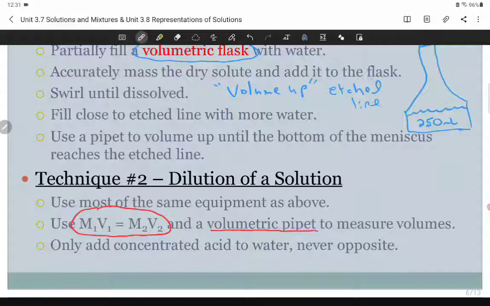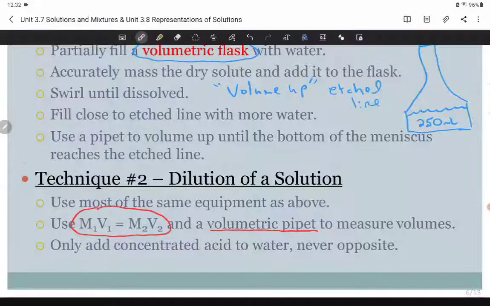Some people will use a graduated cylinder, but a volumetric pipette is thinner with more increments, so it's going to be more precise. Above, with the dry material, technique 1, you'd have to use a balance. And you'd use the best balance you have available to you, meaning the most decimal places. So you'd measure out your amount of liquid, and you dump it into the volumetric flask again, and then volume up to the etched line, just like we did in technique number 1.